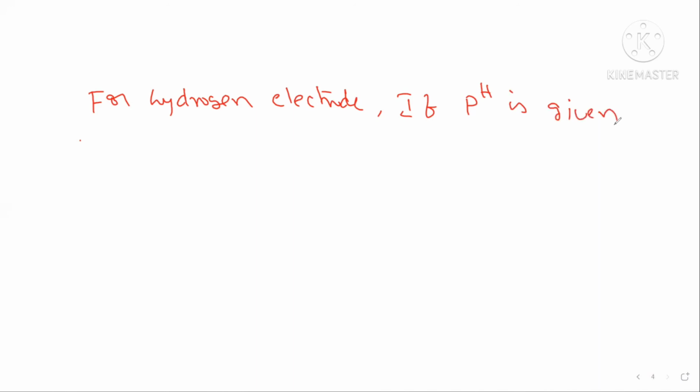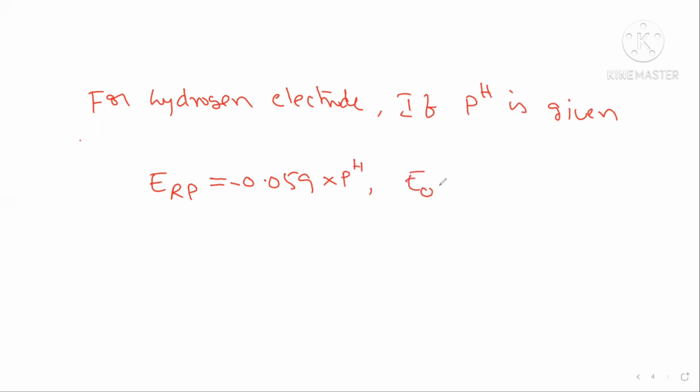So for hydrogen electrode, if a pH is given, then the reduction potential of hydrogen electrode is calculated by using minus 0.059 into pH.